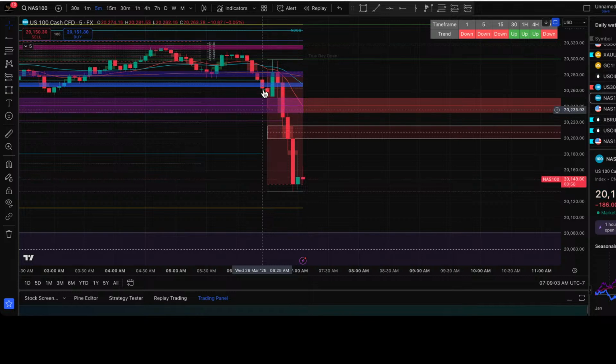It's right there, sorry. You can kind of see it right under the blue. So we broke it, we had a double break, pull back into the EMAs, into the blue, and then a drop.